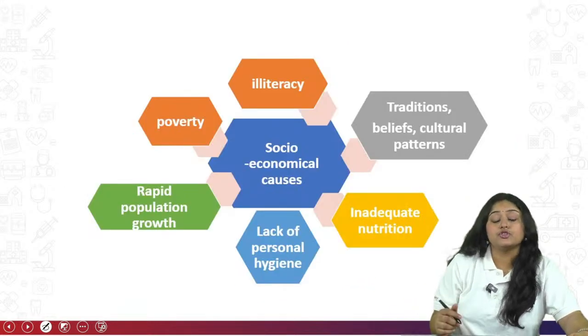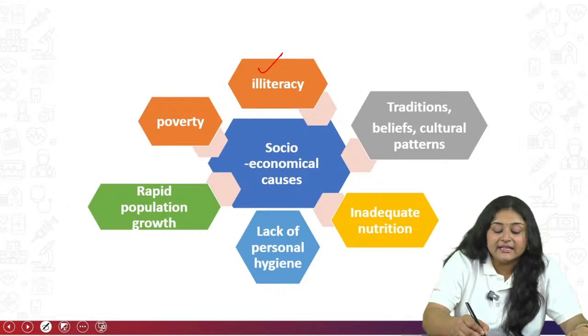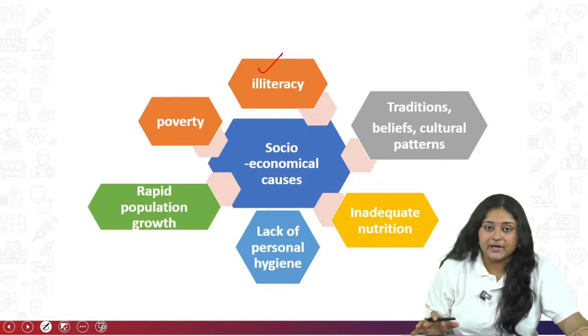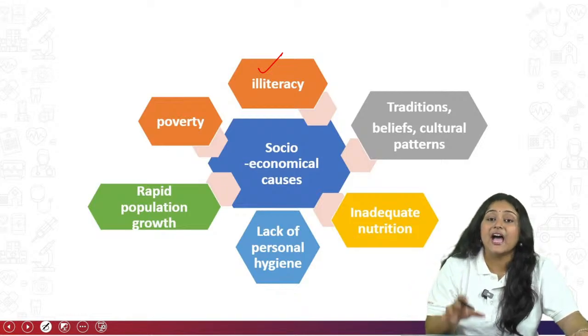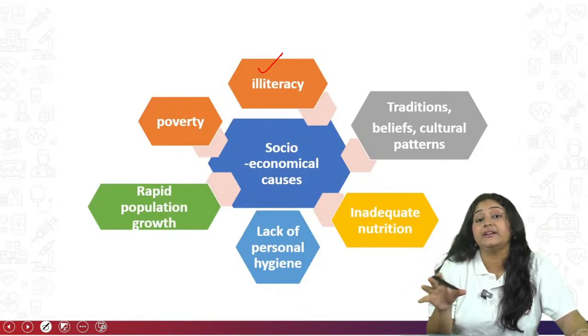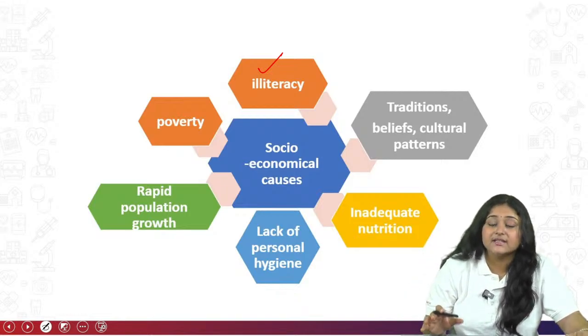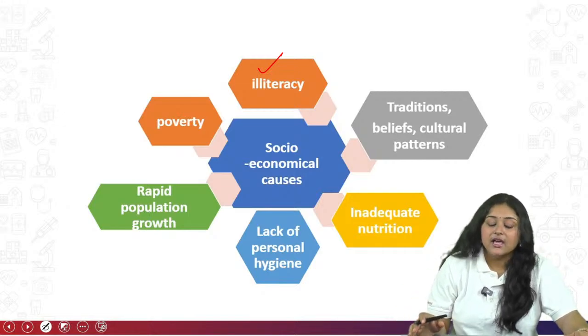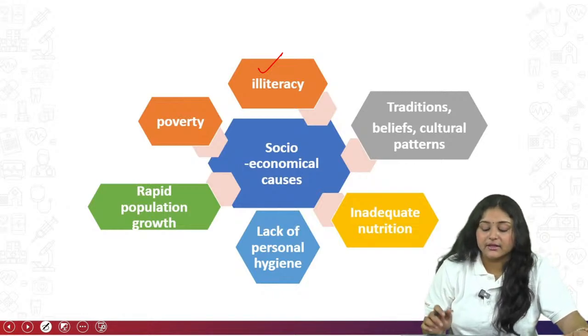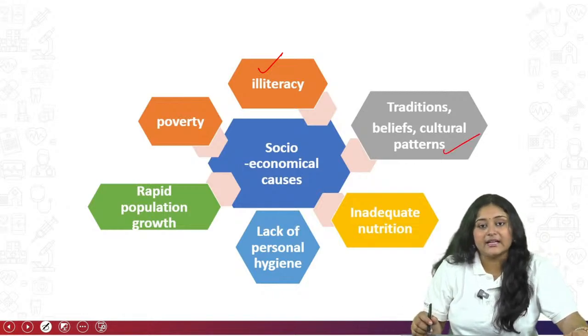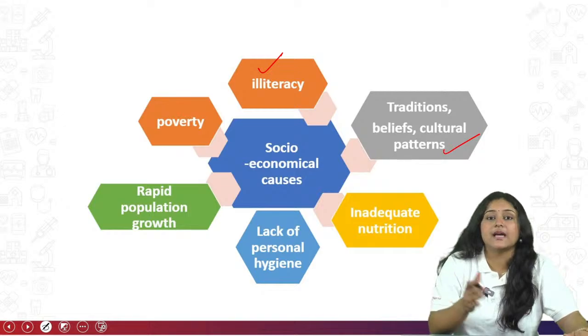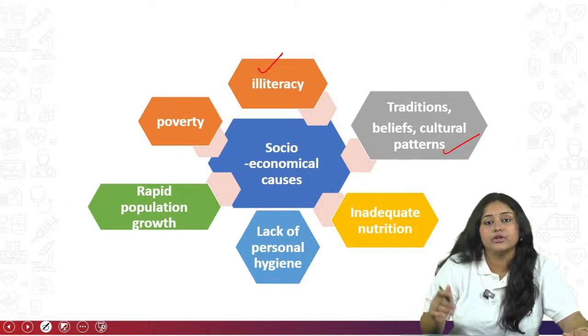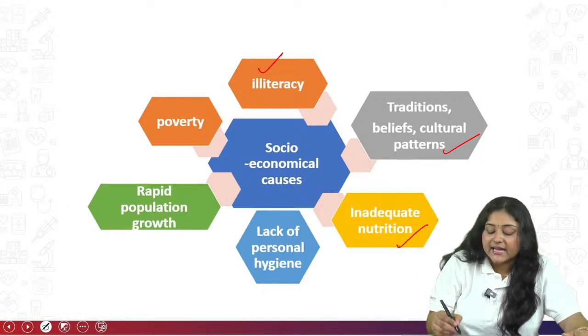Now come to the socio-economic factor, that is illiteracy. If you are an illiterate person, obviously you will not have that much knowledge about maintaining the socio-economic status which helps in maintaining a proper healthy lifestyle, right? So illiteracy is one of the factors. Tradition, beliefs, cultural patterns. Based on those factors also, sometimes the determinants of health are impacted. Then inadequate nutrition.